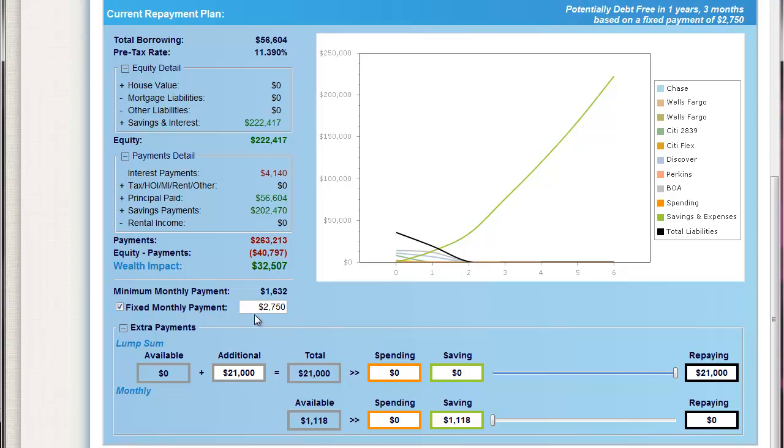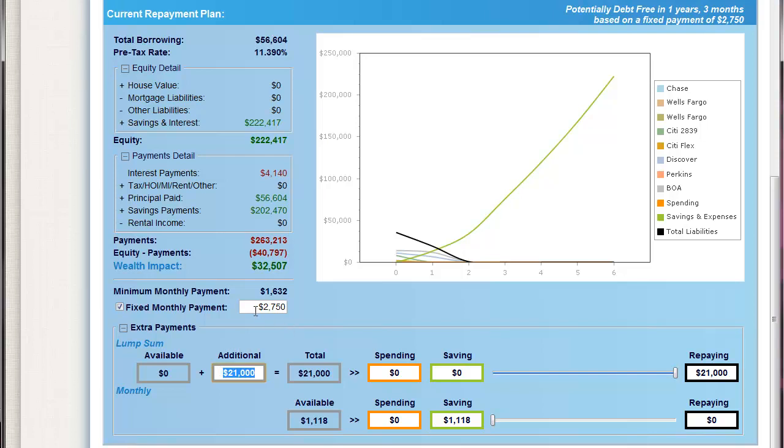They were also putting away $400 a month towards a savings plan. He figured out that if you paid $21,000 on the debt today, that was going to free up for that client about $500 a month in cash flow, plus the other $400 they were spending on this savings account.